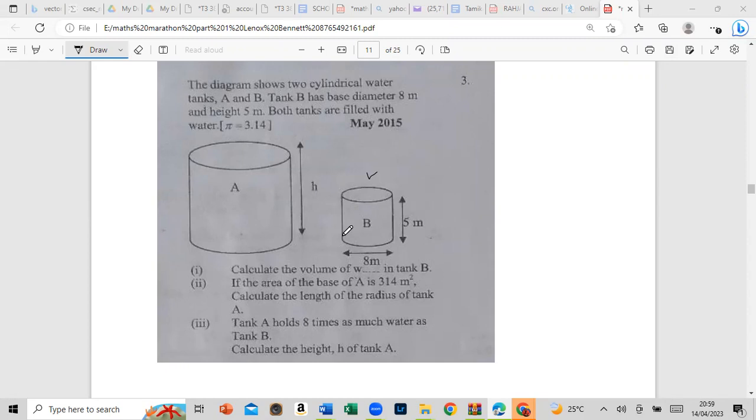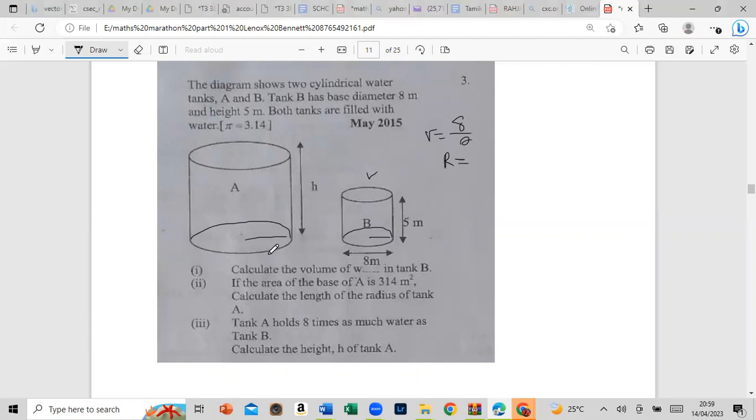Both tanks have a circular base. They are smart because they gave us the diameter instead of the radius, so we have to convert. The diameter is 8, so the radius would be 8 divided by 2, which is 4.